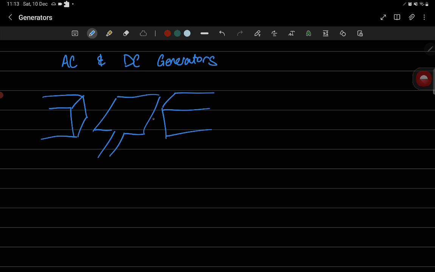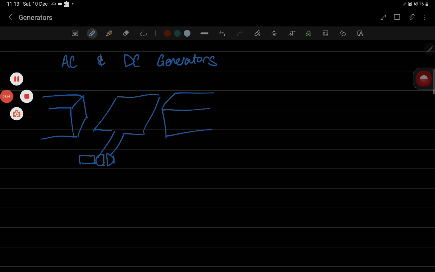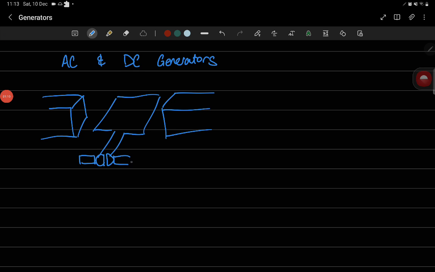So right now what I'm drawing looks a lot like a motor structure. So if you see here, you've still got the spring-loaded carbon brushes, your split ring commutator, but instead of a power source, what you have is a load.